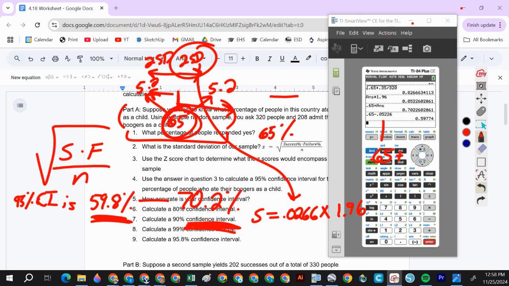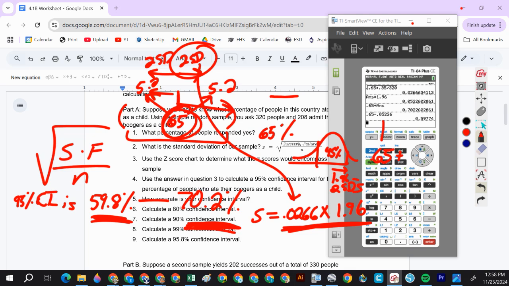Why? Oh, sorry. It is this. So I know if I draw a curve and I put 95% in the middle, how far is this? It's 1.96, or 2 standard deviations. So I need to go right 2, and I need to go left 2.